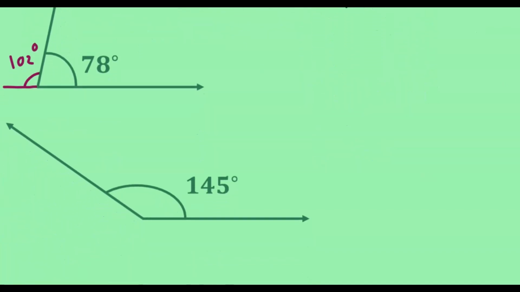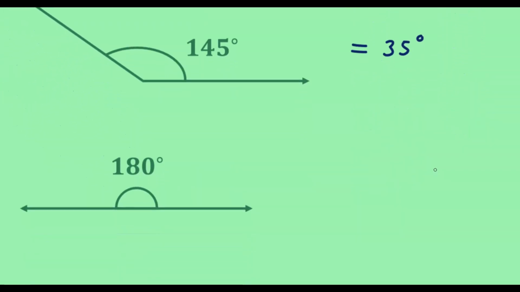The next angle that we have been given is a 145-degree angle, and we want to find its supplement. So we subtract 145 degrees from 180 degrees. And if we do that, we're going to get 35 degrees. So the supplement of 145 degrees is 35 degrees.